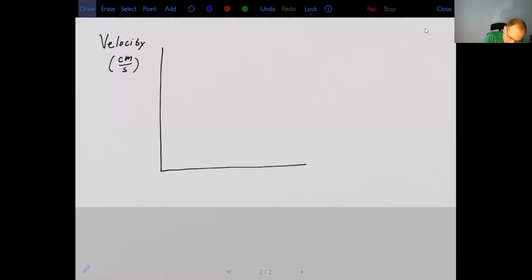Okay, so again, we're plotting velocity, which is in centimeters per second. This was your VB. Versus time in seconds. And remember, this was your total time, delta T, from the ball dropper to the second photogate.